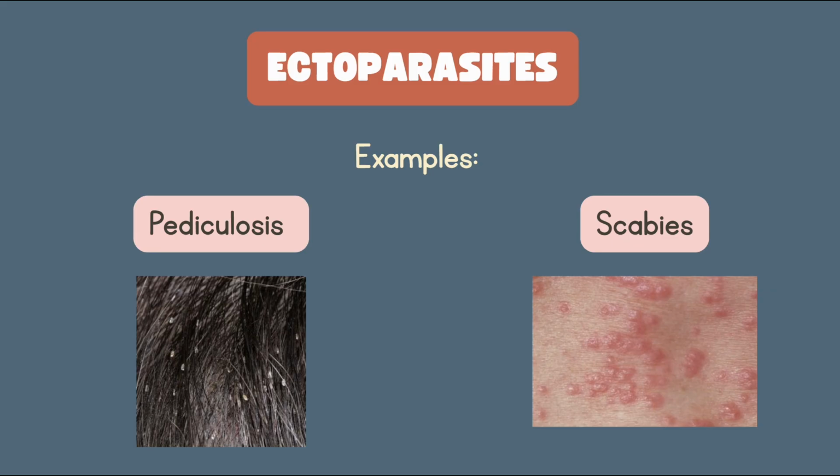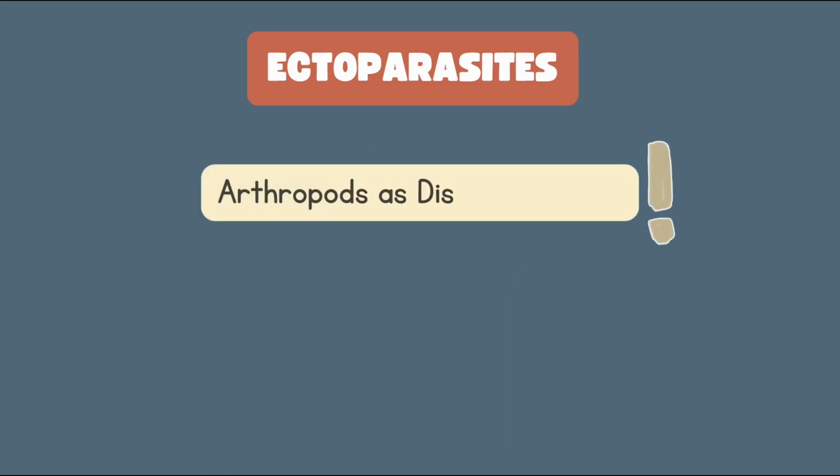Another important concept is that arthropods can actually act as disease vectors. So they can transmit diseases from one host to another host. So what do we mean by a vector? A vector is just basically an organism that transmits pathogens from one host to another.